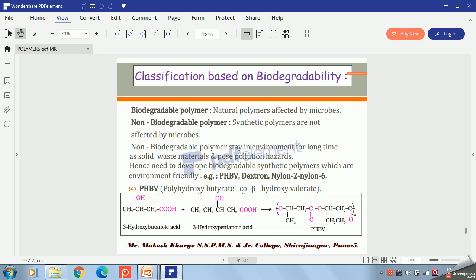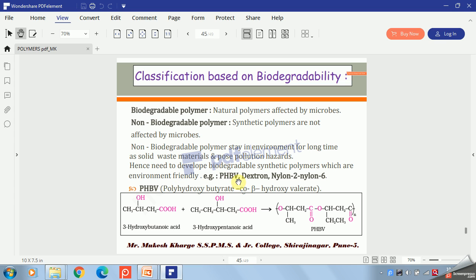So these non-biodegradable polymers stay in the environment for a long time as solid waste material and they can cause pollution hazards. Hence, there is a need to develop biodegradable synthetic polymers which are environmentally friendly.